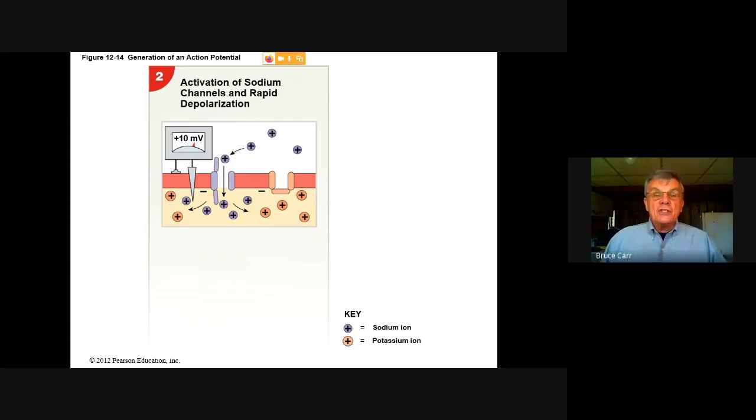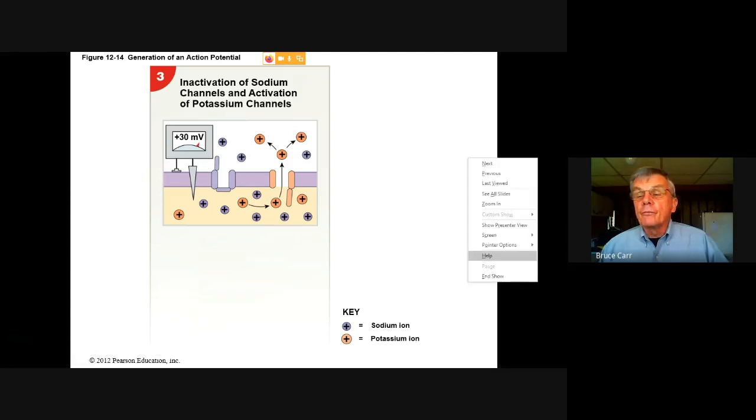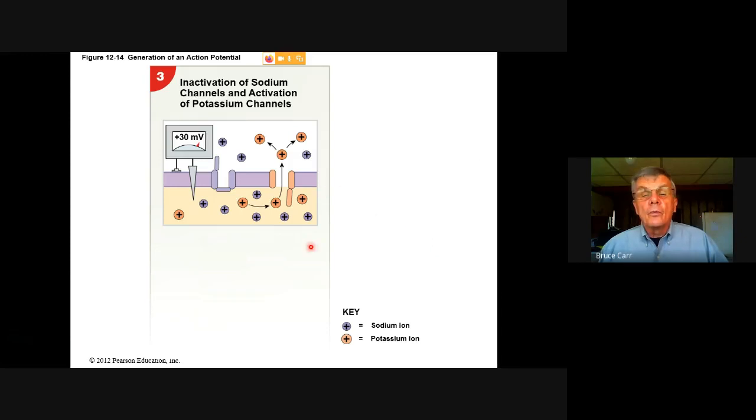But at minus 10 millivolts, then rapid depolarization, another thing happens. When you reach plus 30 millivolts, and you'll notice plus 30 millivolts causes another change right here. It closes the sodium channel, so sodium can no longer move, and it pops open the potassium channel.